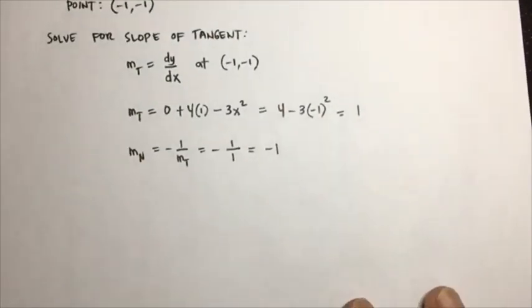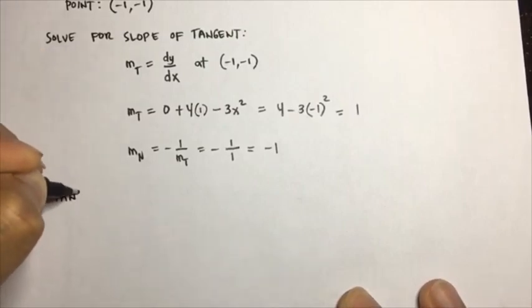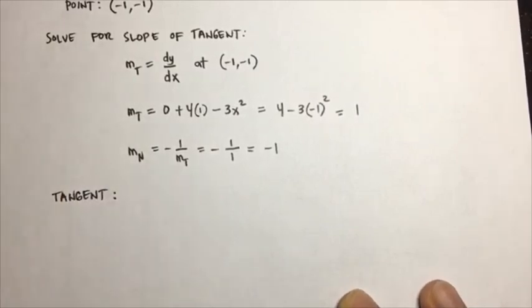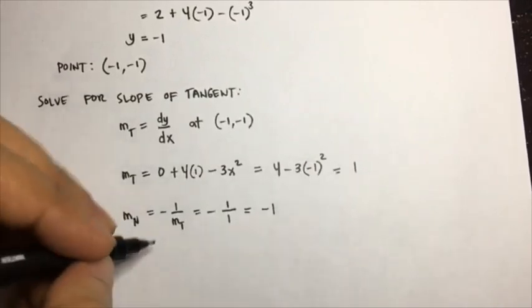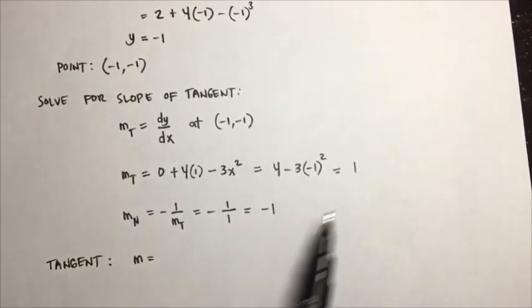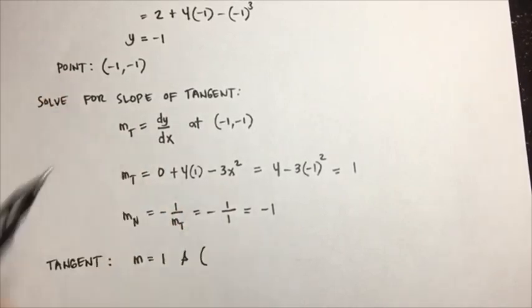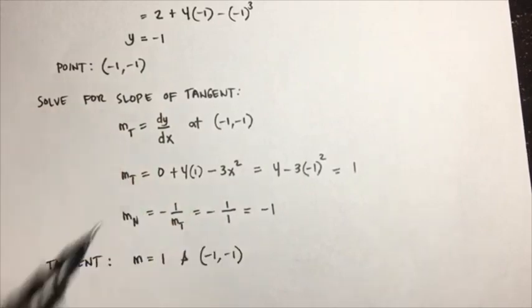Now to solve for the equations. The tangent line is described by a slope of 1 and the point negative 1, negative 1, the point of tangency.